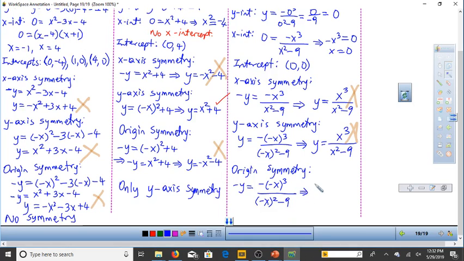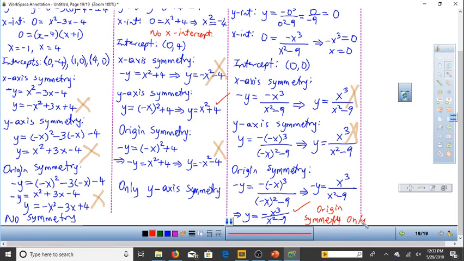What we end up with is negative y is equal to positive x cubed over x squared minus 9, which then will give us y is equal to negative x cubed over x squared minus 9, which is the same as the original expression. So this graph has origin symmetry only. The only one of the three.